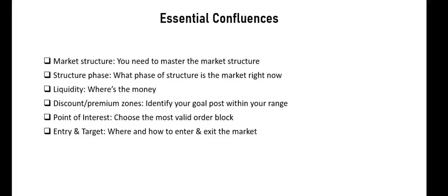So you need to master how to read structure in the market. It is the cornerstone of the market. It does not matter the strategy or whatever indicators you are using. If you do not understand how to read the structure correctly, then OB entry and target will not make any sense to you.